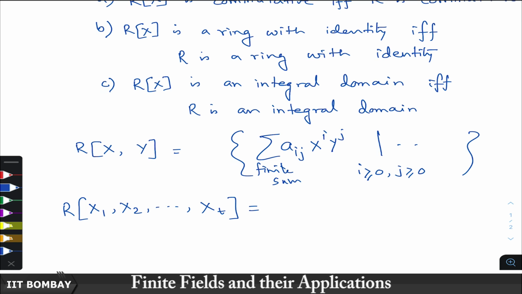So, every term will be of the form a_{i1 i2 ... it} x_1^{i1} x_2^{i2} ... x_t^{it}. And the set of all such expressions is the polynomial ring.